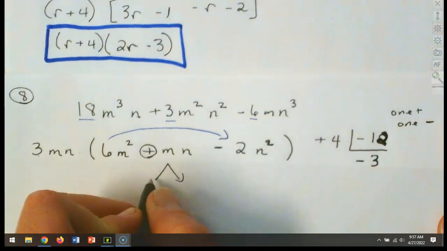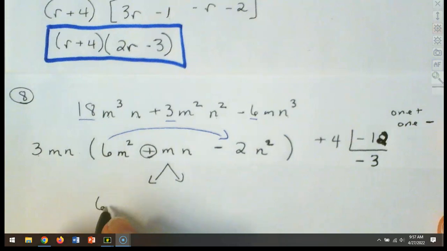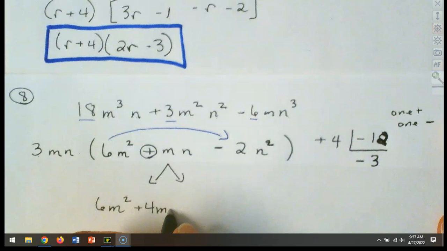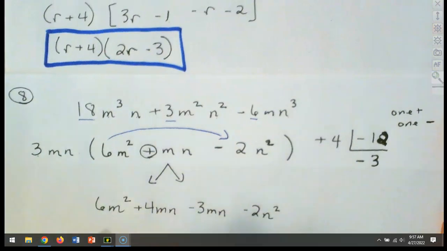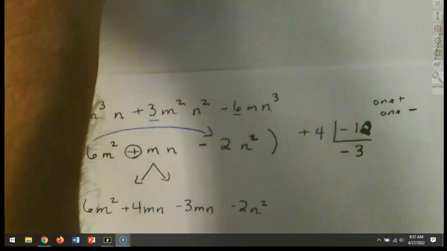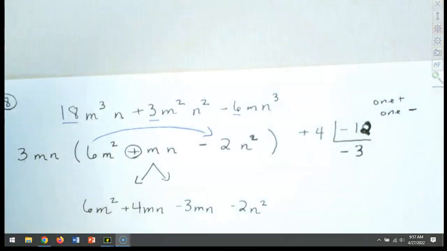Now we split it up. And we've got 6m squared, 4mn, a minus 3mn, and a minus 2n squared. So just to kind of review, when we have 4 terms, what do we do? When we have our 4 terms, we try and rewrite them and split the middle.